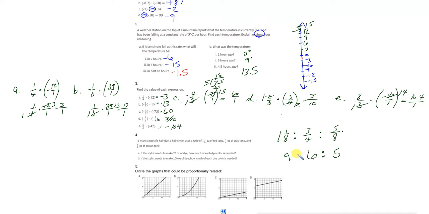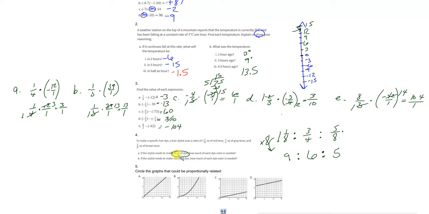So this particular ratio is nice because it technically answers my question, because 9 plus 6 plus 5 gives me a total of 20 ounces of dye. All I did was multiply by a really compatible number that gave me nicer ones for my ratio. 9 ounces of red, 6 of gray, 5 of brown will make 20 ounces of dye.